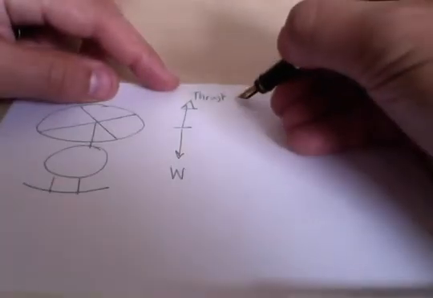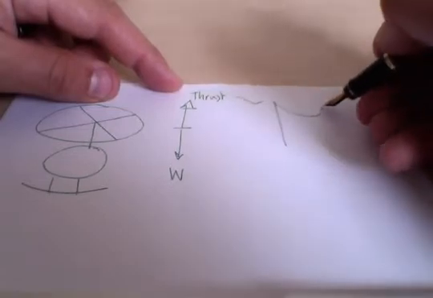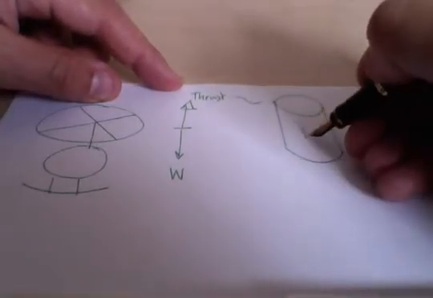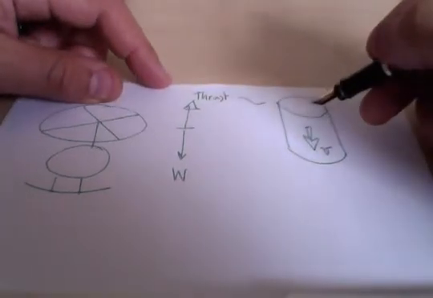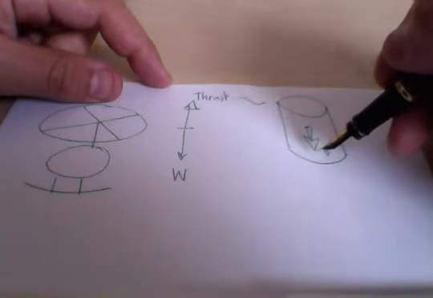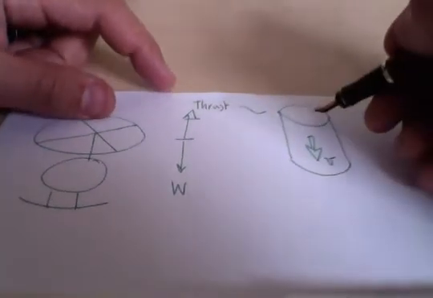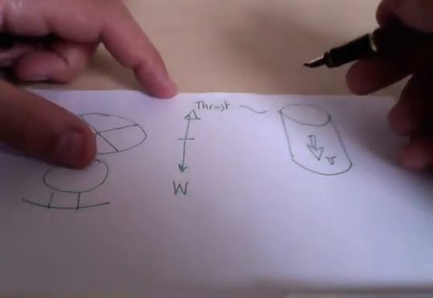How is this thrust achieved? Well, it throws air down. This column of air is being forced down with velocity v, and that creates the equal and opposite force, which is thrust on the way up. The change of momentum down creates a change of momentum up on the helicopter.